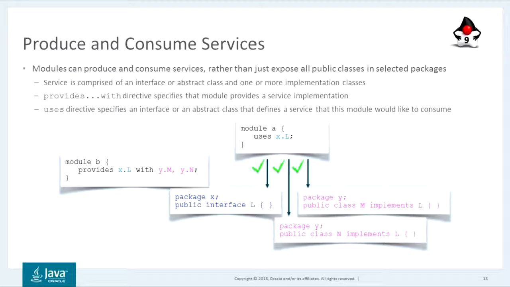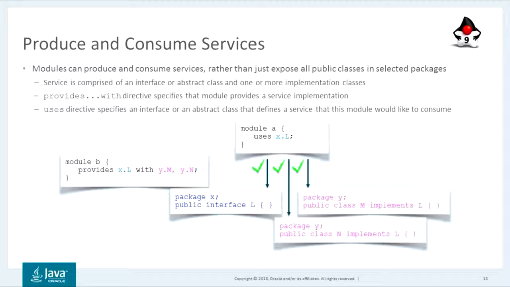The idea is that a module info file describes that the module provides that interface with specific implementations. So another module could just say, oh, I'm going to use that interface. And that would allow you to kind of import, if you like, or make available to that module A the implementations for that interface contained in module B.